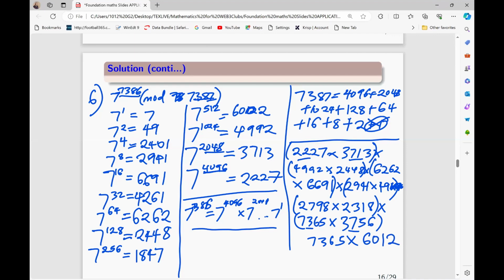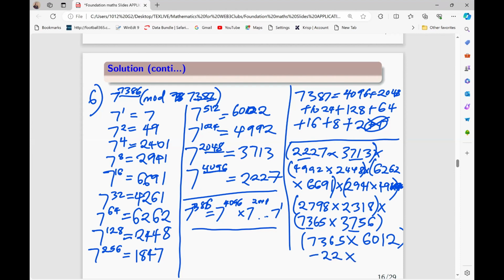I think we're going to use a simpler method where we're going to take 7365 minus 7387, and then we're going to multiply the two answers. So 7365 minus 7387 is going to give us negative 22.